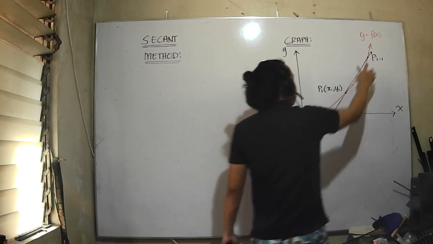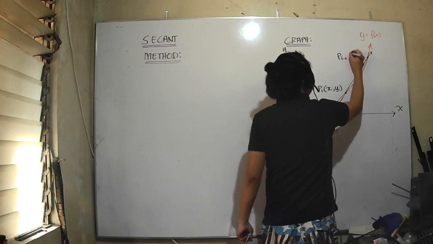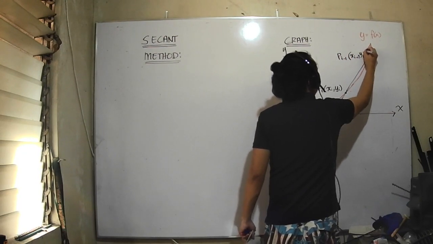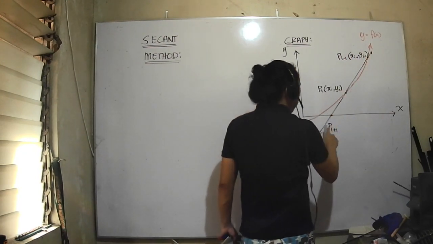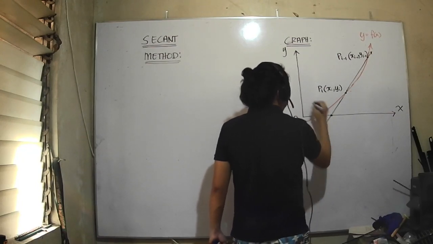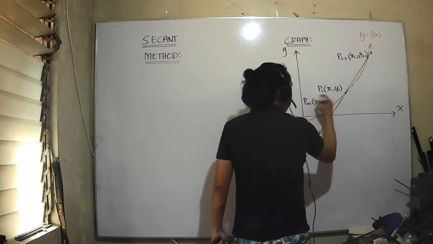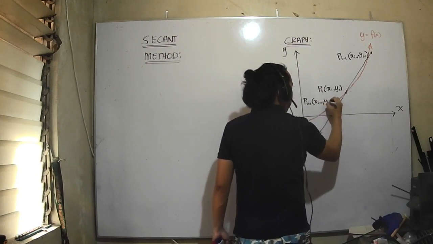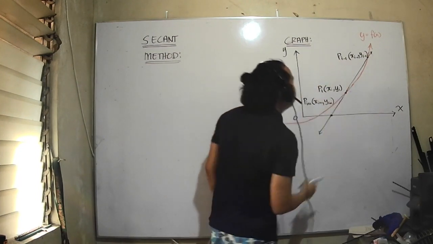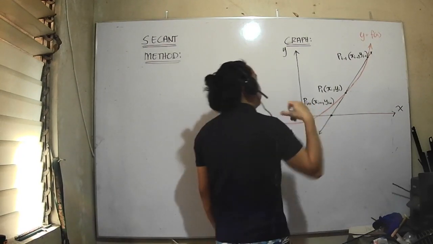Pi minus 1, our backward iteration, has the coordinates xi minus 1, yi minus 1. Our forward point, Pi plus 1, has the coordinates xi plus 1, yi plus 1. So this is Pi plus 1, this is Pi, and this is Pi minus 1. We have 3 interesting points.